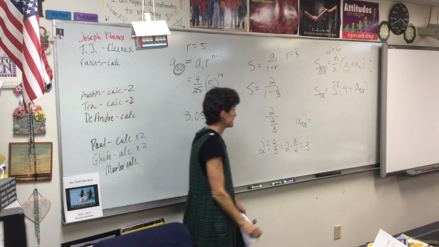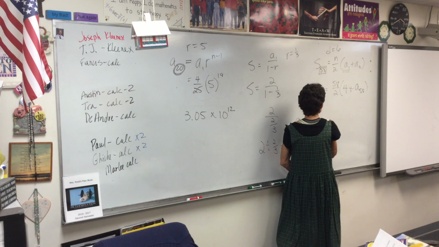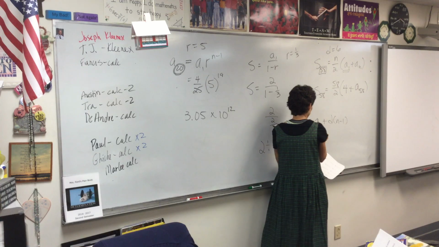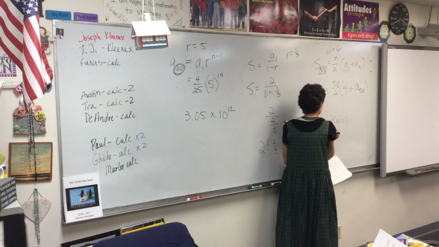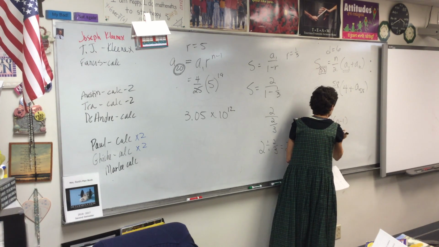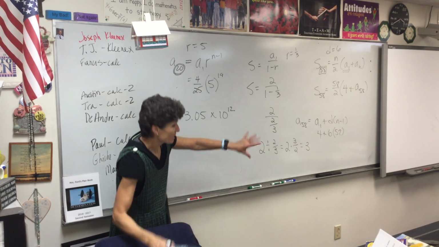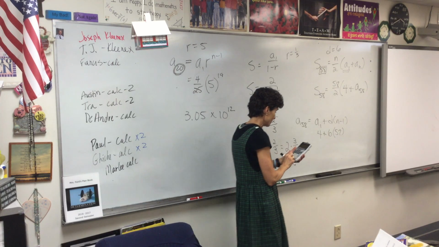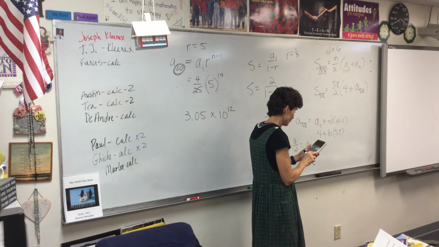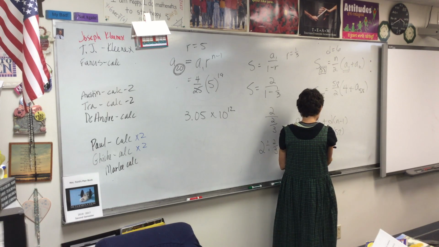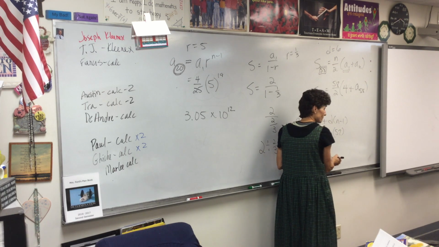Now, we're going to find the 58th term using our A formula. So that'll be 4 plus 6 times 57. That is like little side work over to the side, because when I do 4 plus 6 times 57, that gives me 346.